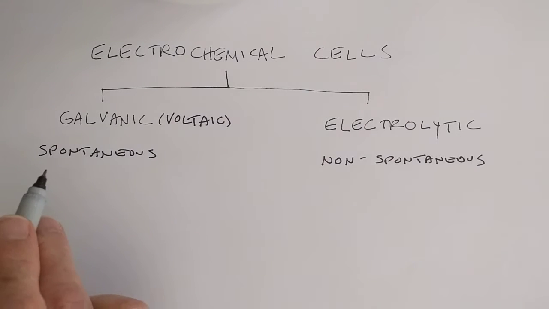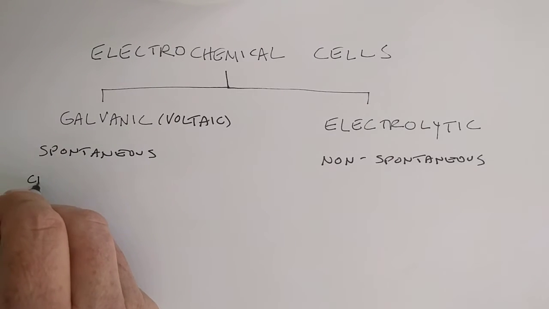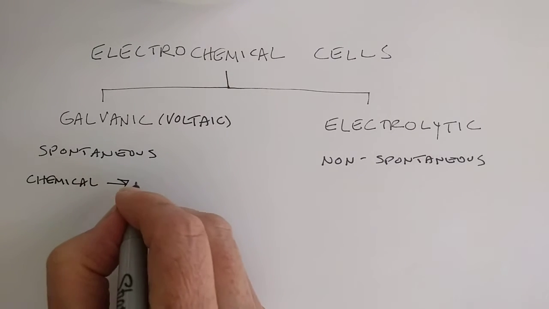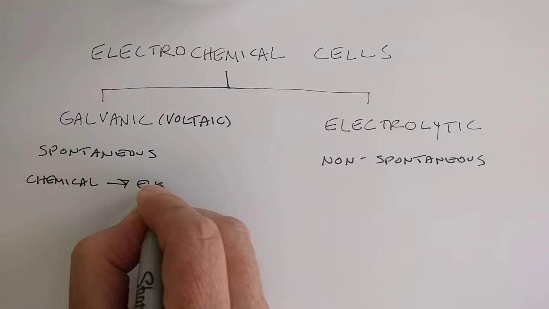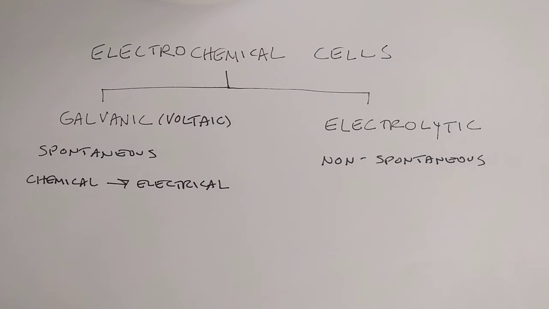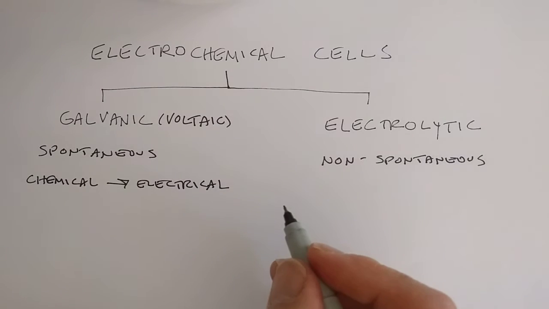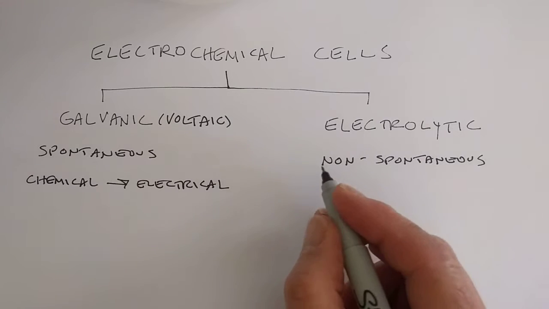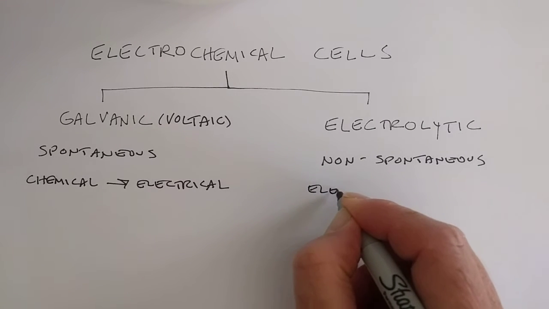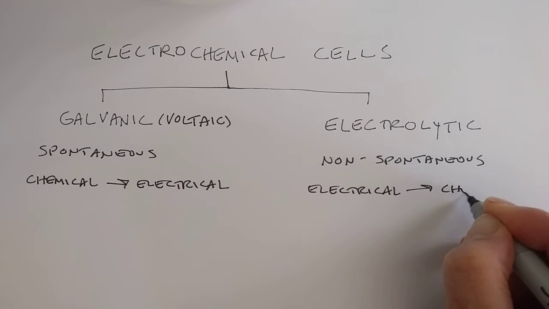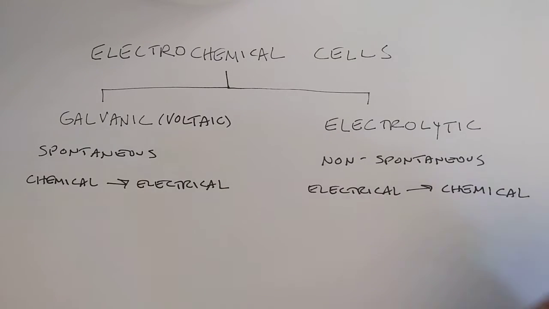In our galvanic cell, chemical energy is transformed into electrical energy. You can light light bulbs, light flashlights, do all sorts of things. And in an electrolytic cell, it's the opposite. We're going to take electrical energy and transform that into chemical energy.